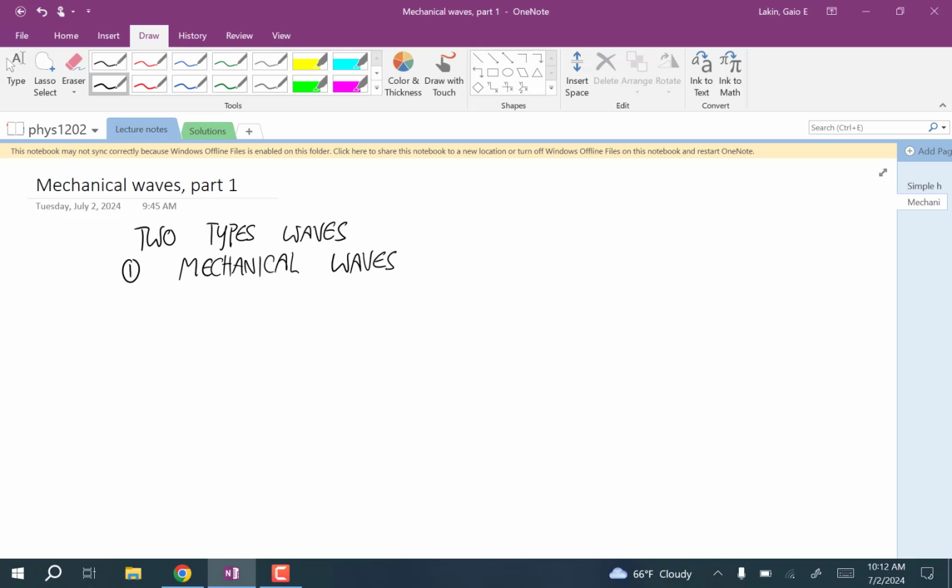I just said these examples are water, strings, springs, and those are the mediums, the media that these types of waves transfer along. The water, the string, the spring. That's required for mechanical waves. So these need some kind of medium for the wave to propagate.